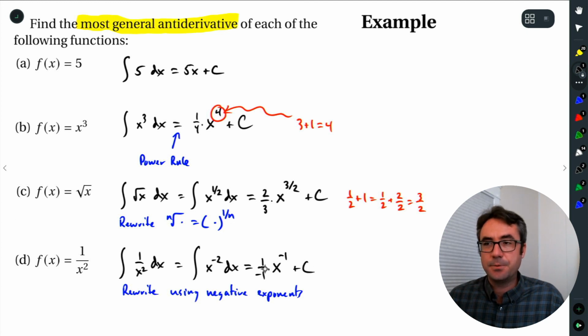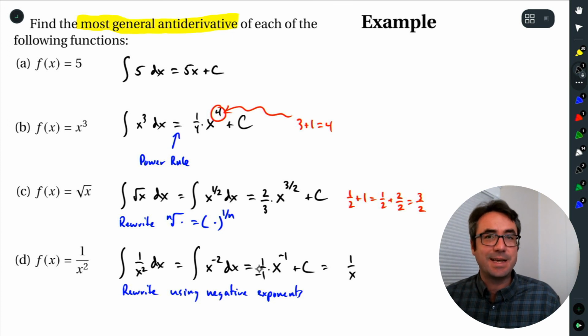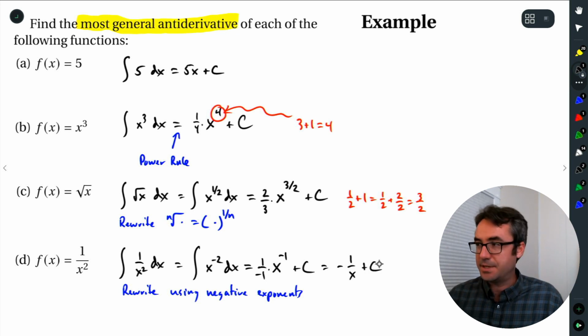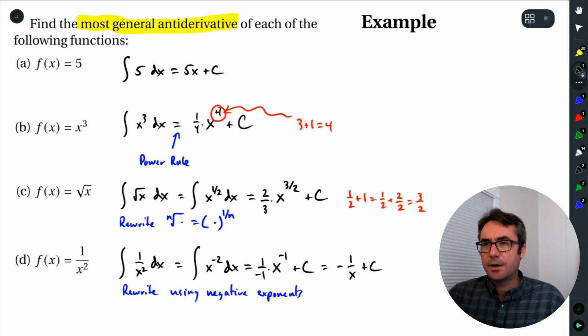Sometimes it's helpful to rewrite these back as a fraction. Instead of x raised to the negative 1, we could write this as 1 over x. And then 1 divided by negative 1 is just negative 1, so we could just put a negative in front here. And then we have our plus c. All right, there we go.